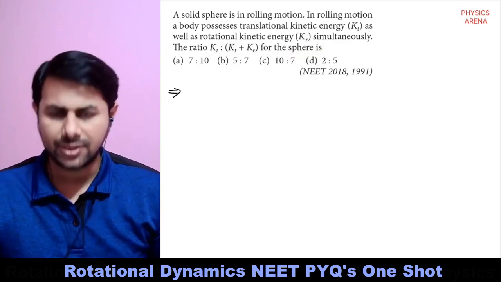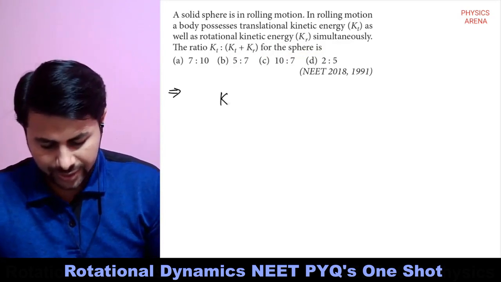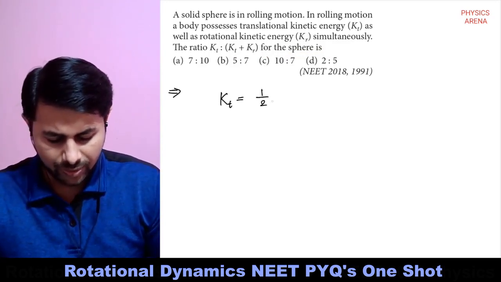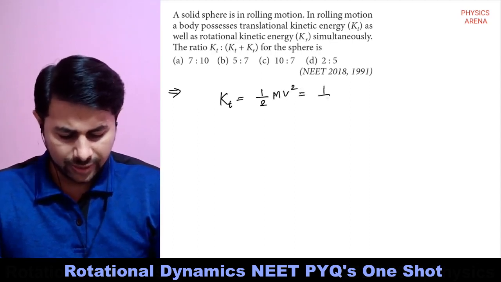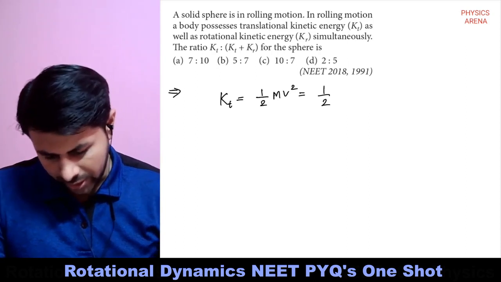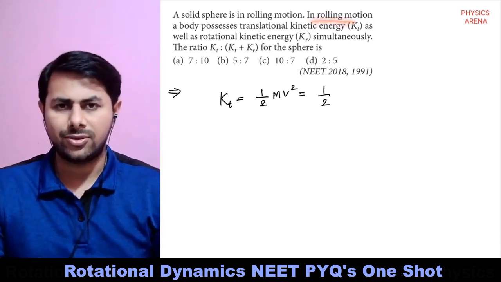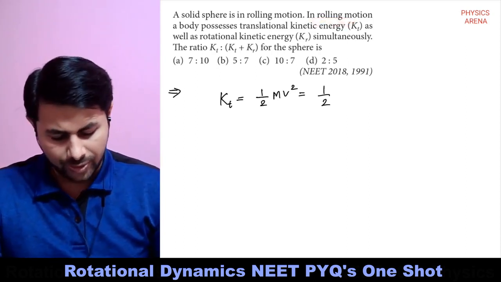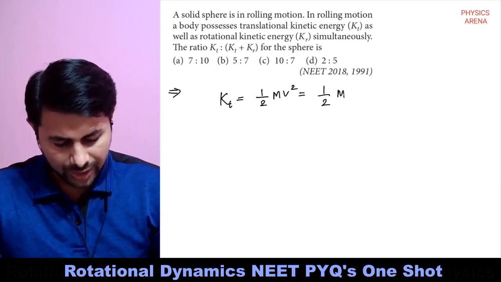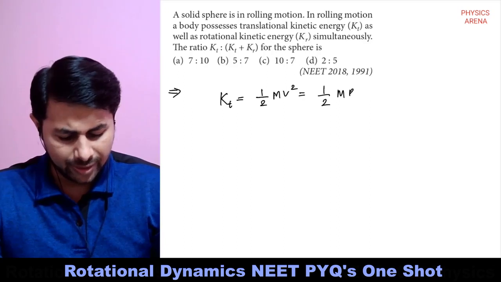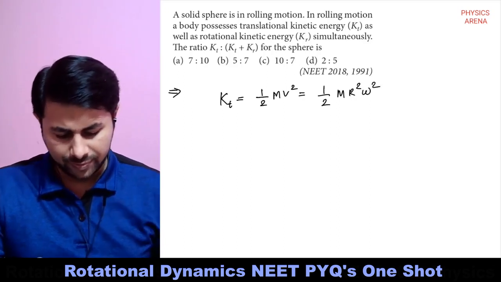So what is translational kinetic energy? So kT is equal to half of mv square, or you can say for a body in rolling motion, v is equal to what? r omega. Okay. So it is half of m multiplied by r square omega square.